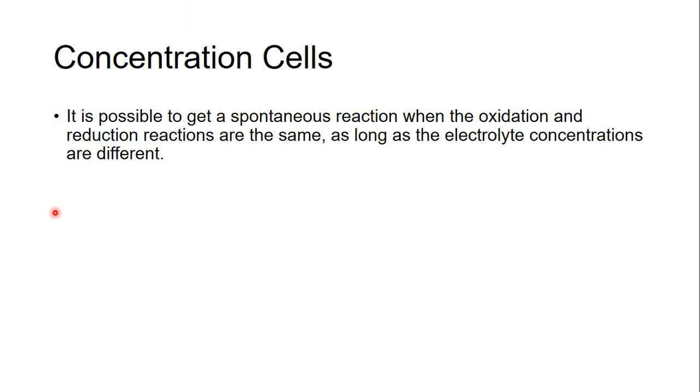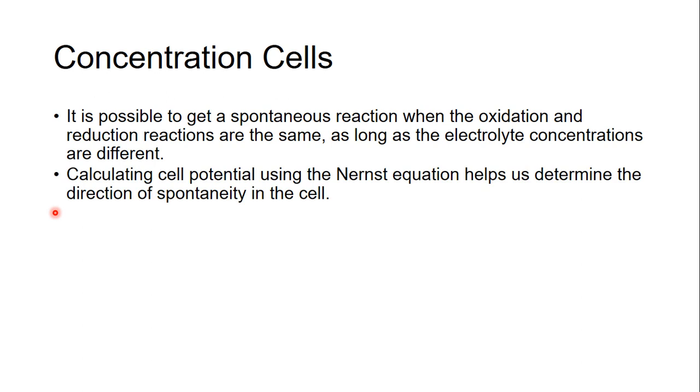Now, one type of battery that we haven't touched on yet is called a concentration cell. Every battery we've talked about up to this point has been made of a different anode and cathode. However, that doesn't have to be the only type of battery. You can use a battery in which your cathode and anode are the same material, but they're at different concentrations, and you can still get electrons to flow.